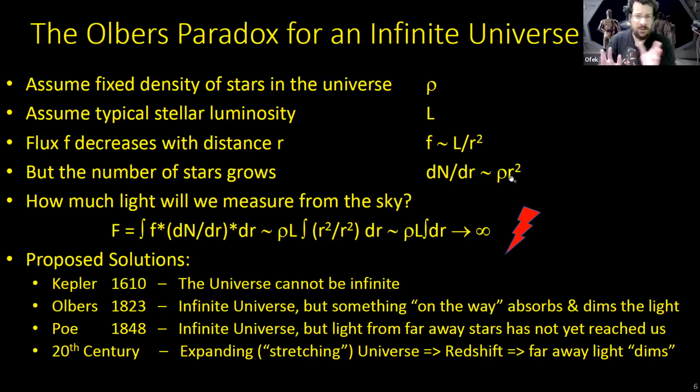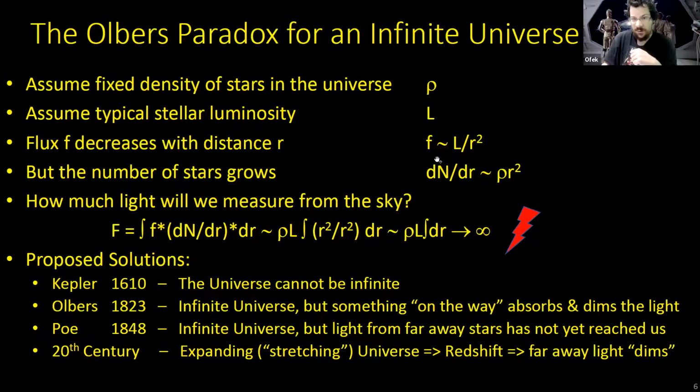These calculations are very similar to the ones you've been doing, I guess, since first year in electrostatics, Coulomb's law and Gauss's law and flux. Obviously, if you have a constant density, then the number of stars will grow like r squared.